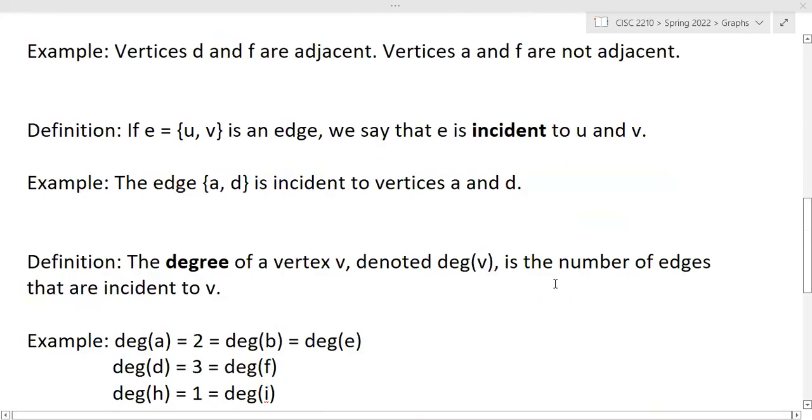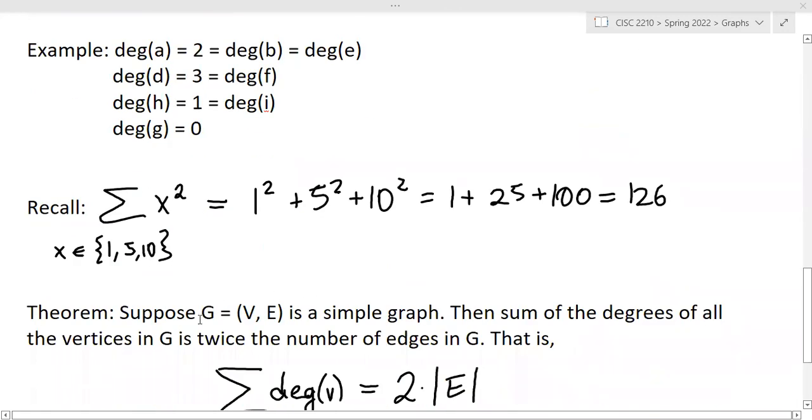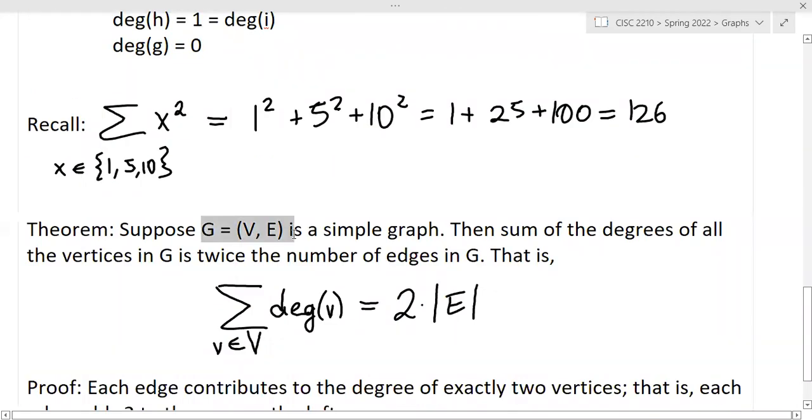Well, no, because here's the theorem. Suppose G, which has V and E, is a simple graph.